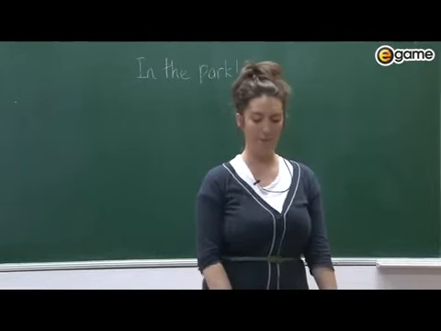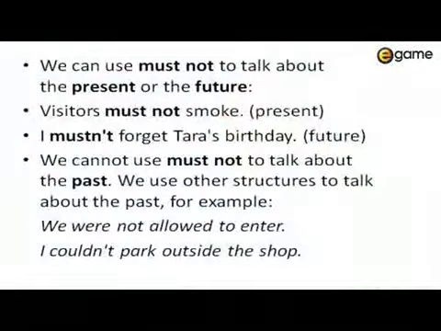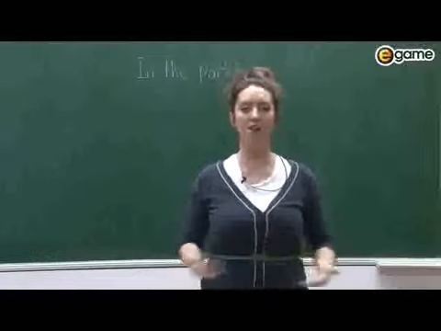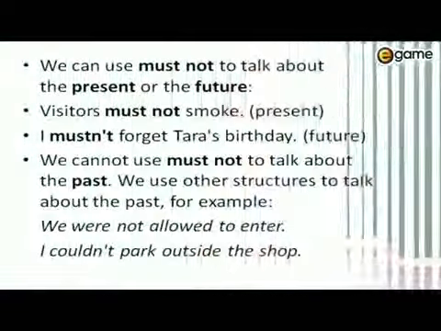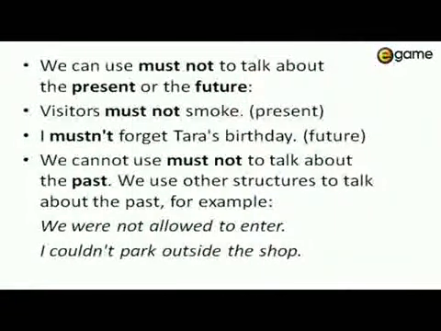Okay, so again we can use must not to talk about the present or the future. Visitors must not smoke, present. I mustn't forget Tara's birthday. So we're talking about the future. Again, we can't use mustn't to talk about the past. We use other structures.